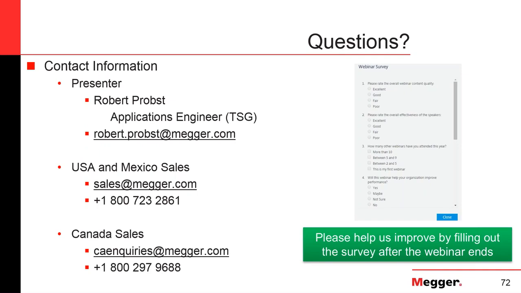It was up to the user to manually adjust the test set to maintain that current value. Now, with automated test sets, there are digital feedback loops, PLL loops, where the user can set a current value, whatever the test value is, and the automated sets will take that over and remove that burden from the user. So there's quite a bit of technology moving forward in time, taking some of the problems of this test and heating problem off the user.